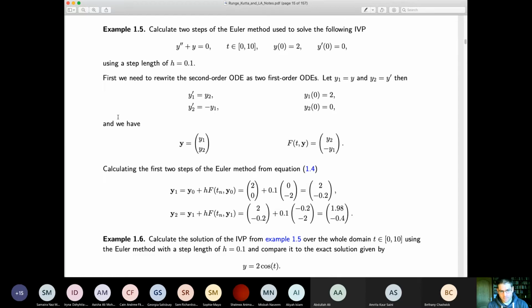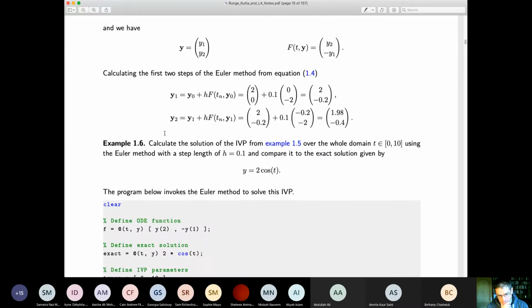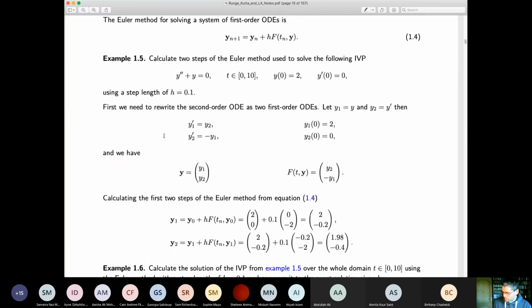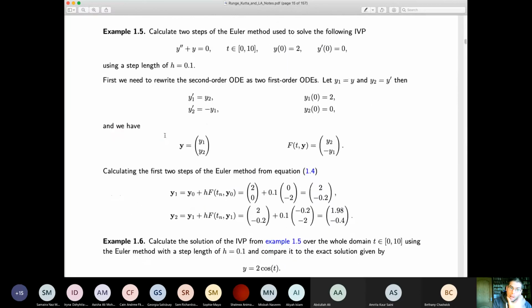This is on page 7 of the lecture notes, example 1.5. Here we have a system of 2 ODEs. When you have systems, we write it using vectors. We have a vector of y values, which is the left-hand side of our system.